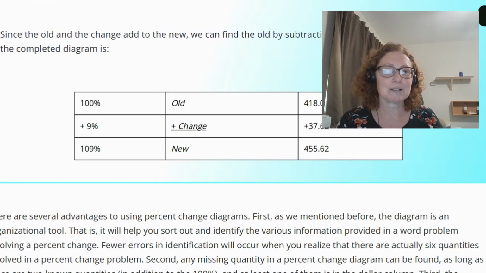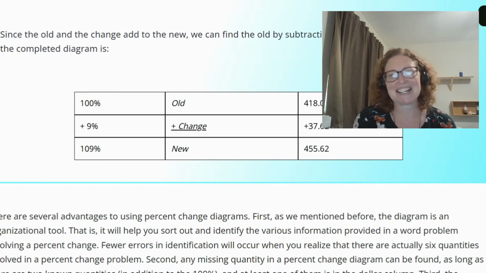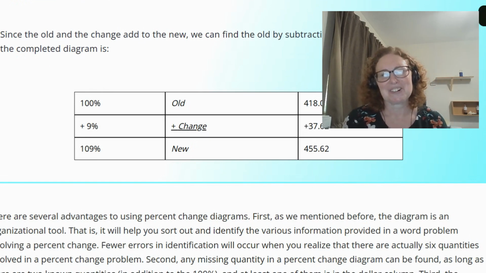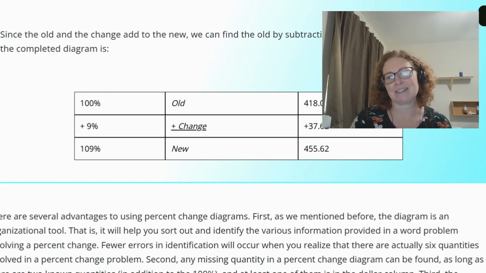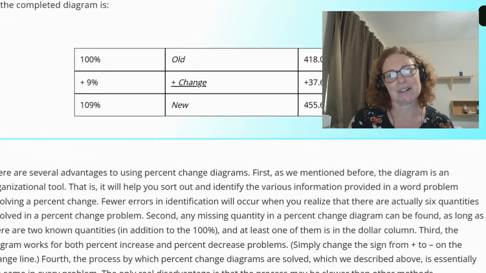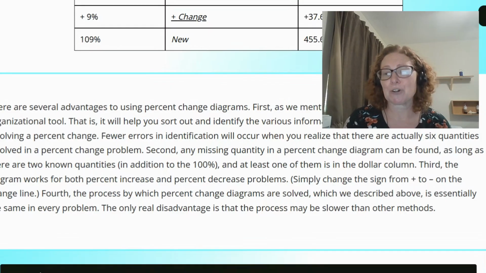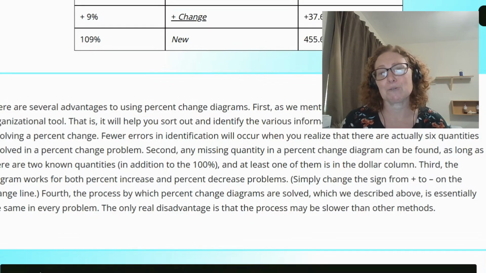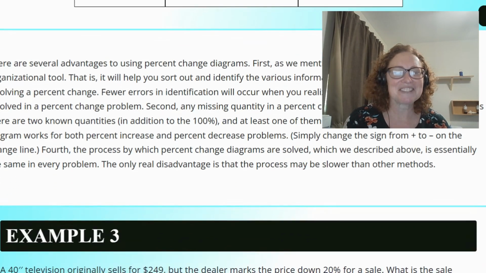So there's your little diagram. There's several of these on your homework that I know that you saw or you will see if you haven't done it yet. So just take those steps and you can solve the problems in that way. Remember to make sure that you know whether the change is for the positive or for the negative.